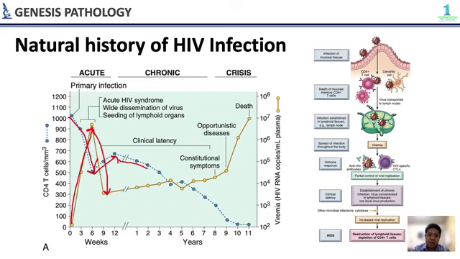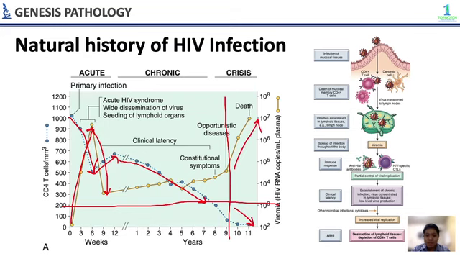However, as I said, di ba, merong continuous destruction of the CD4 T cells. And then, kapag siguro nakareach siya ng mga critical levels such as less than 200, magkakaroon na ng start of opportunistic diseases, no? And then, kapag sobrang taas na ng viral load, tas sobrang baba na ng CD4 T cells, basically wala ng immune system yung person, and they die.